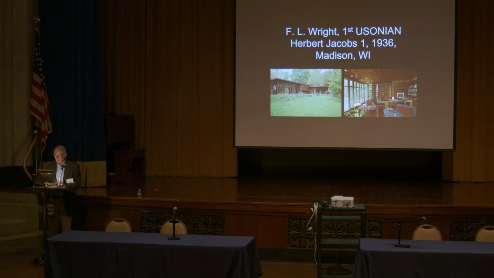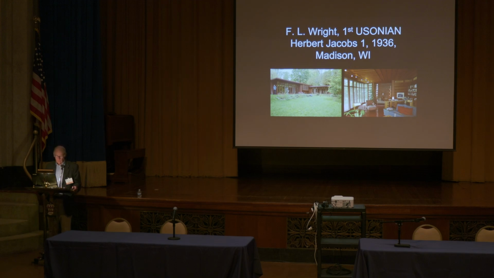And the idea behind this was that the house would be built on a concrete slab that would have radiant heating in it, that the walls and so forth would be prefabricated elements, that there would be plenty of glass to be able to see outside. You would have a flat roof, and you'd have an open plan on the interior. And so this is Herb Jacobs number one, which is the first Usonian house.